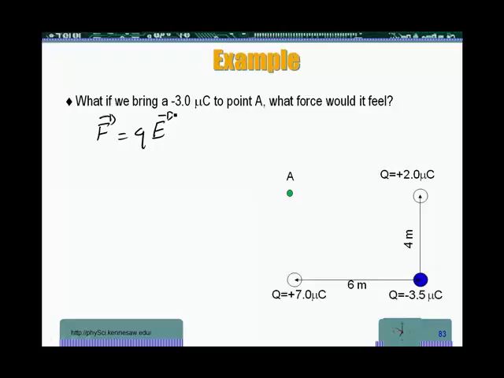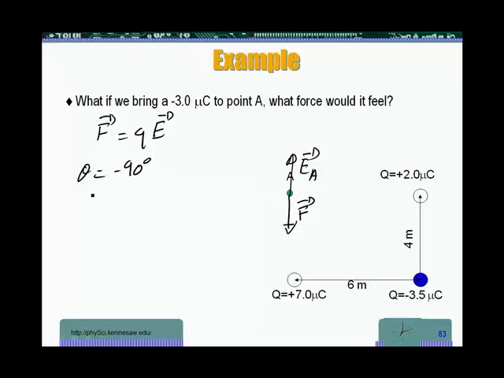That means my force is going to point this way when the electrical field is pointed this way. E at A is this way, so the F is going to point that way. So the angle is going to be -90 degrees.